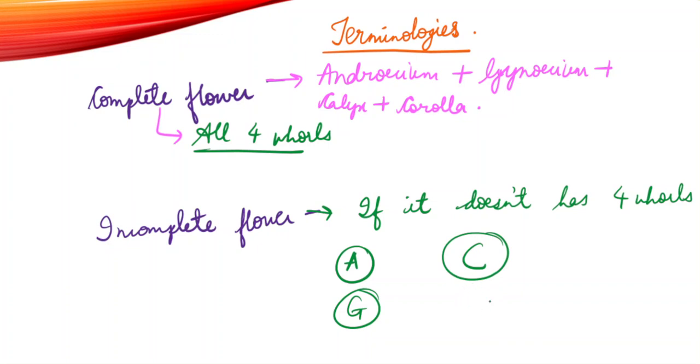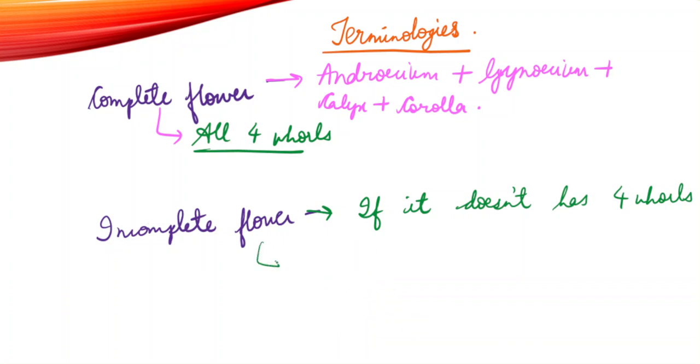Okay, out of this, if anything is missing, then we say it as what? Incomplete flower. Okay, either of four whorls, one whorl is missing, absent. Any one will be absent.